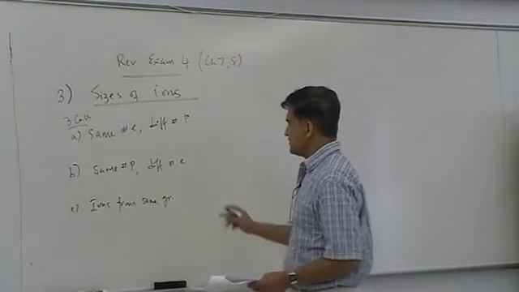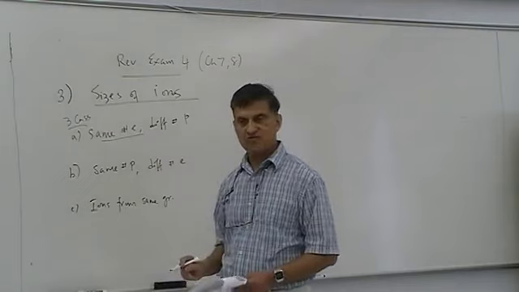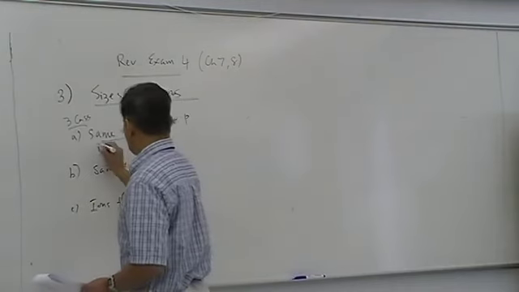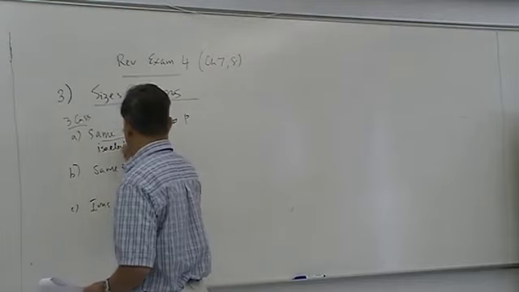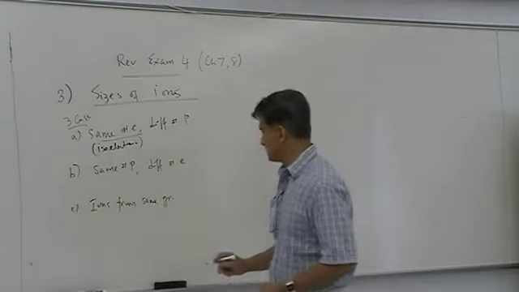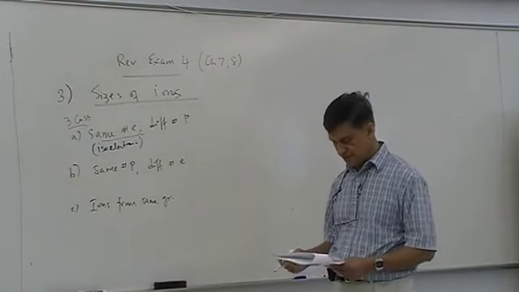So let's first consider the first type. Same number of electrons is called isoelectronic. And I often ask this kind of question, giving you different ions and asking which of these are isoelectronic. Isoelectronic means same number of electrons.